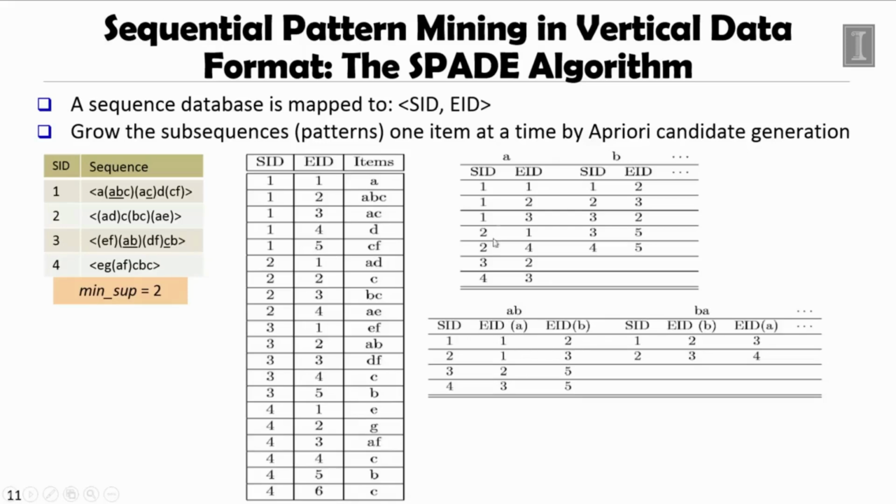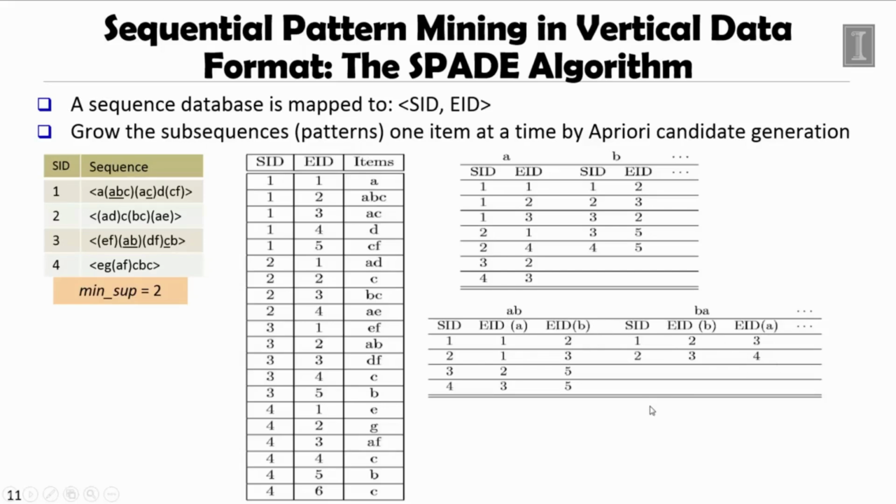That means for the same sequence ID 1, if EID 1 of A is smaller than EID 2 of B, then you get one sequence, AB. Similarly, for B then A, the element ID of B should be smaller than the element ID of A. For the same reason, you can get all of them for length 2.